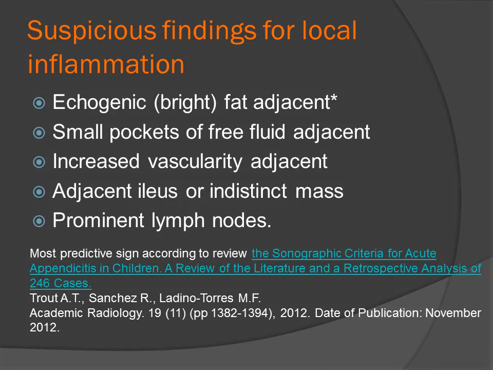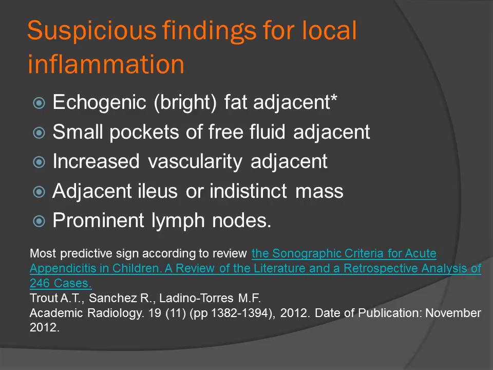Suspicious findings include echogenic or bright fat just next to the appendix, small pockets of free fluid, increased vascularity adjacent, although I find this hard to demonstrate with low-end bedside machines. I do think an area of adjacent ileus or an indistinct mass is a useful sign.